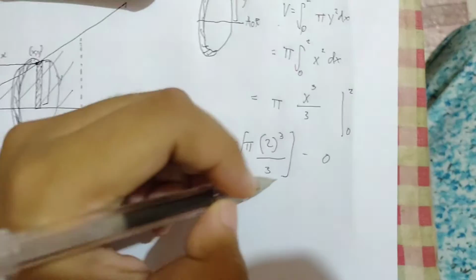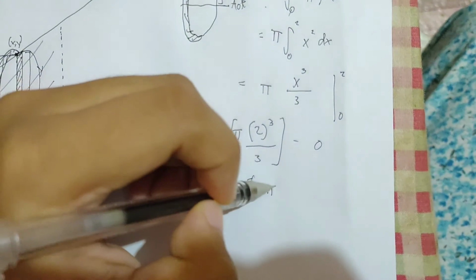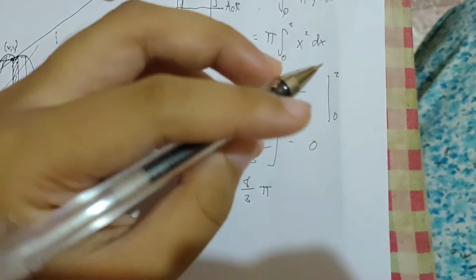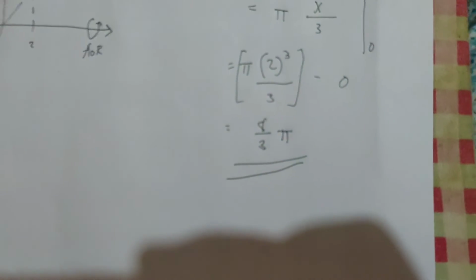Our final answer is 8 all over 3 pi. That's it. That is our final answer.